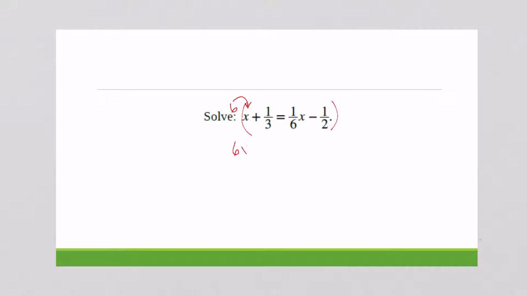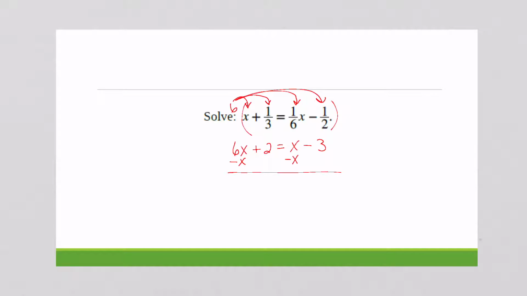So I get 6x. 6 times 1/3 is 2. 6 times 1/6 x is just x. 6 times negative 1/2 is a negative 3. So now I've got variables on the left side and on the right side. So I want to move my smallest variable. That's my habit. I always move the smallest one.